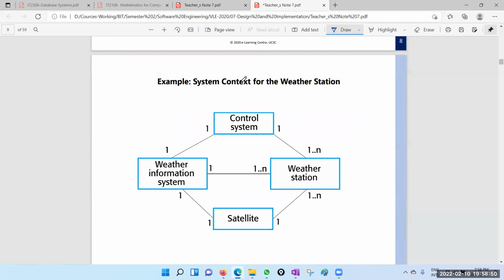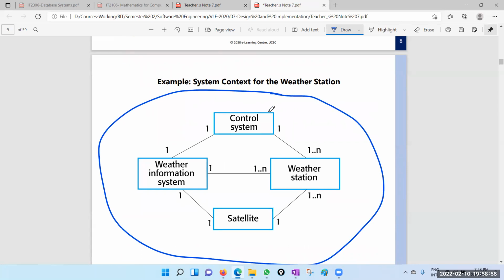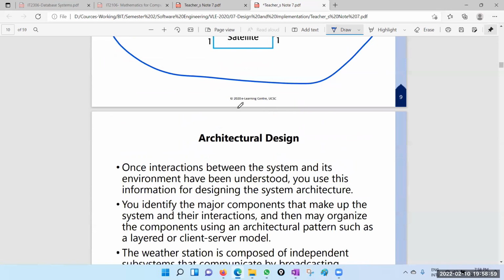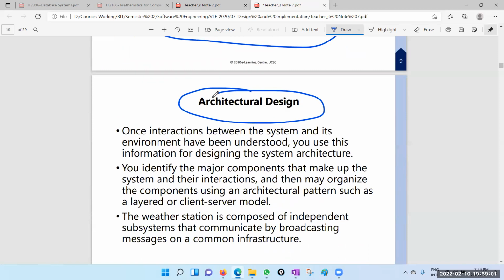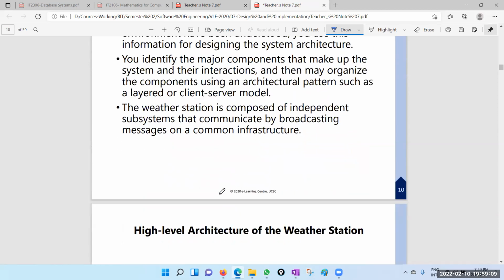Right. So these are very high-level things they are discussing. Okay. How to look at the overall context, a big picture as a set of components. We discussed the architectural design last time. Okay. The client server, repository, layered architecture. Okay, we discussed those things.